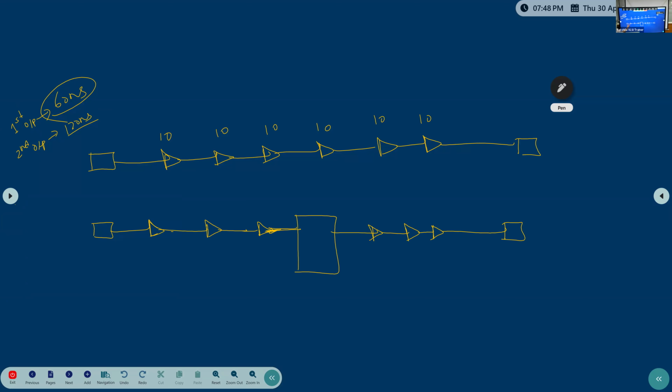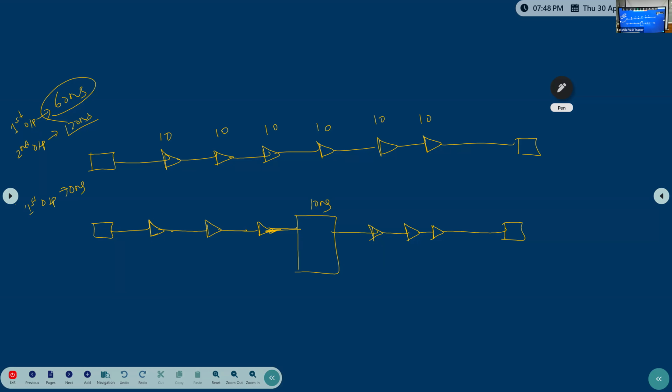Now this flop also will be 10 ns. So now what is the first output it will get? First output, when it will get, 60, okay, plus 10, total 70. Yes or no? 70 ns.